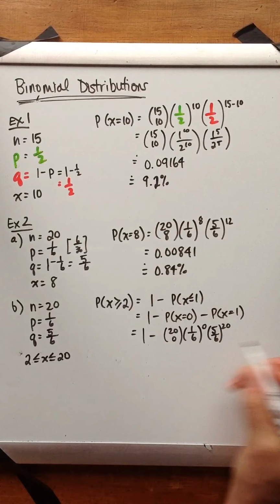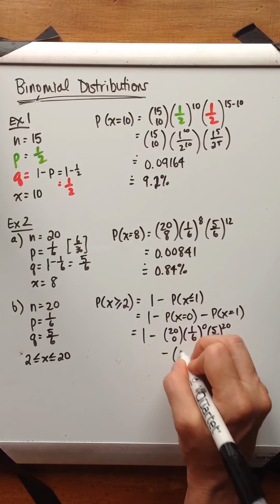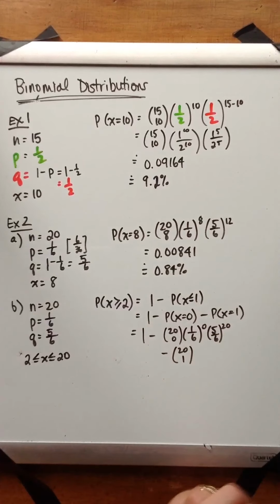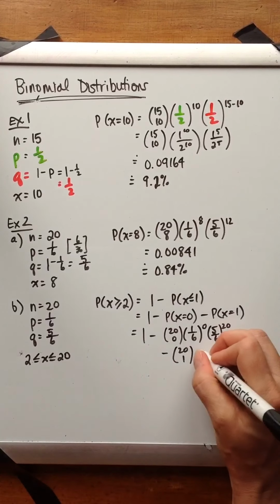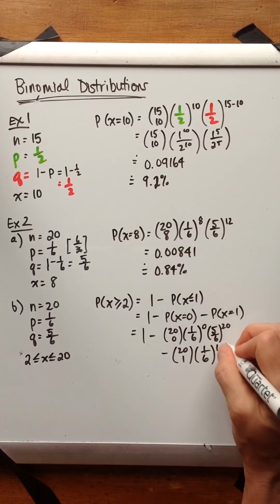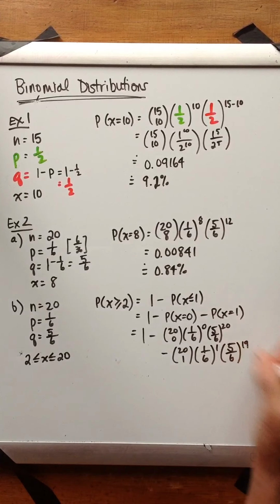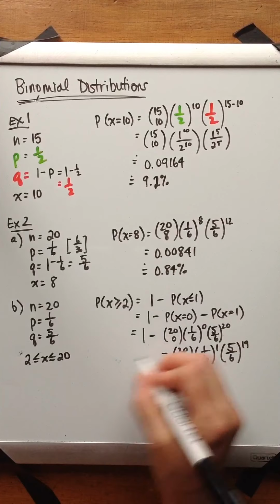From that, we're also going to subtract, I'm just running out of room, I'm going to go down here. 20 trials with only 1 success. Our probability of success is still a 6th with 1 success, and 5/6 probability of failure, and that's going to occur 19 times. All right.